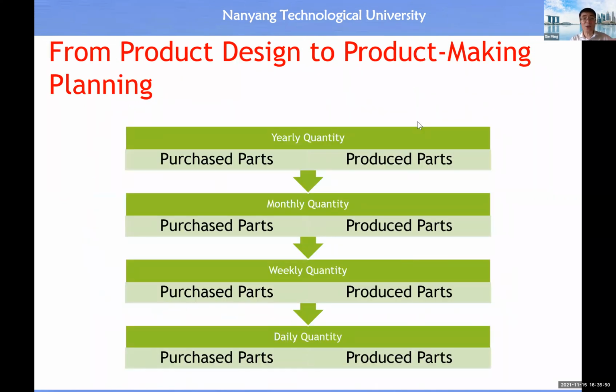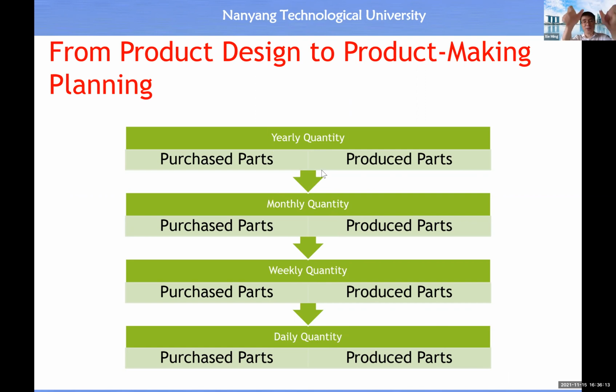So since we are going to produce some parts internally, then we need to build up the list on a daily basis of what will be the parts to be purchased, what will be the parts to be produced in-house. On a weekly basis, and the monthly basis and the yearly basis.